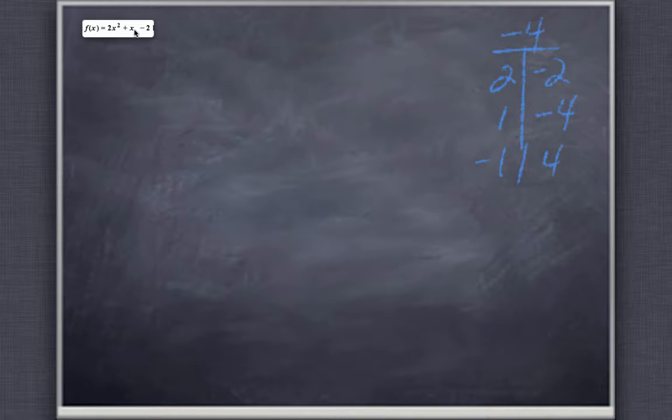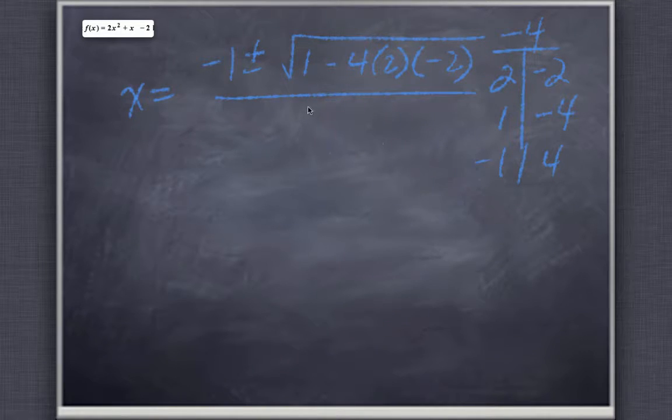None of these have a difference of 1, so we can't factor it. So x equals -1 plus or minus the square root of 1 squared minus 4 times 2 times -2, over 2 times 2. So 4 times 2 is 8, times 2 is 16, root 17 over 4.